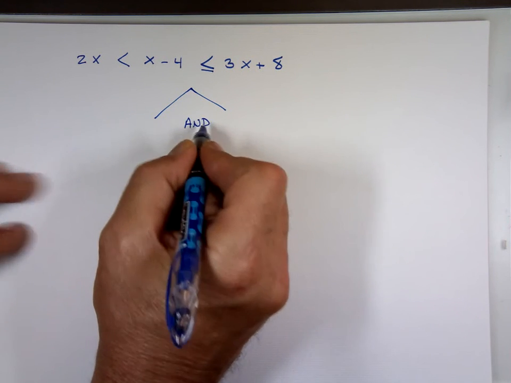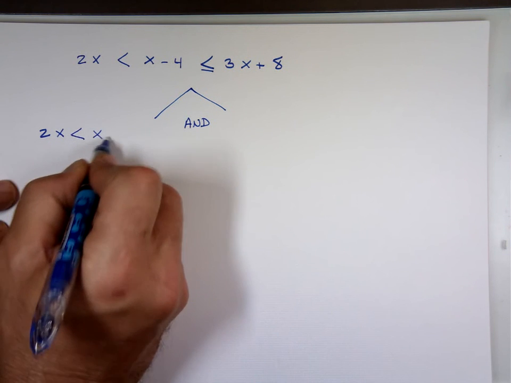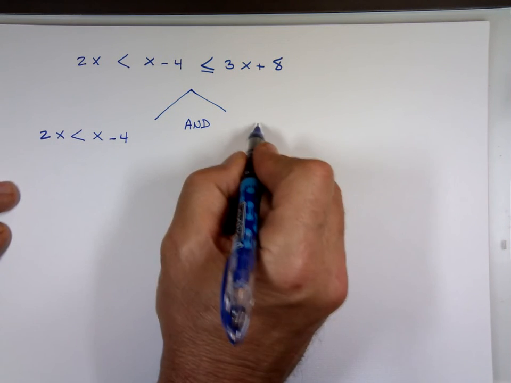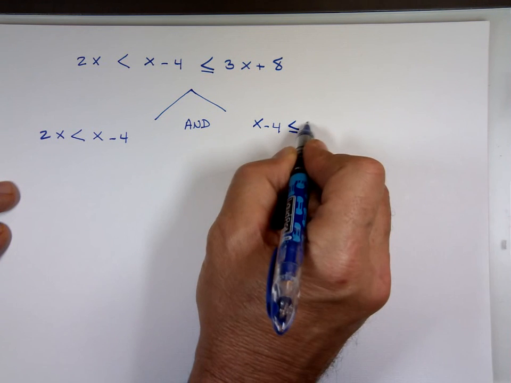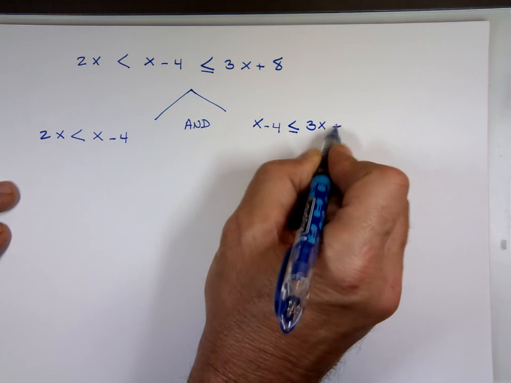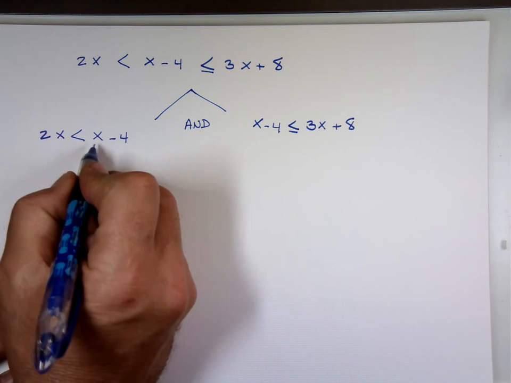The first one says 2x less than x minus 4. And the second one says x minus 4 less than or equal to what? 3x plus 8. And solve each one separate. To isolate the x, I bring that x to this side.